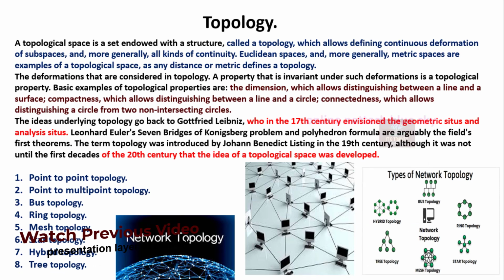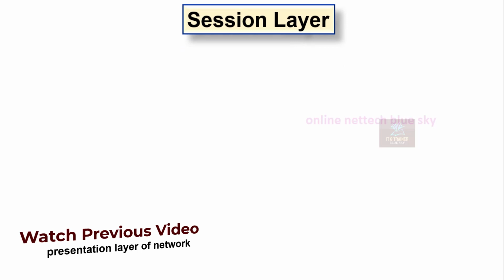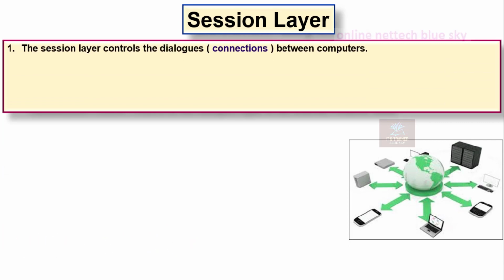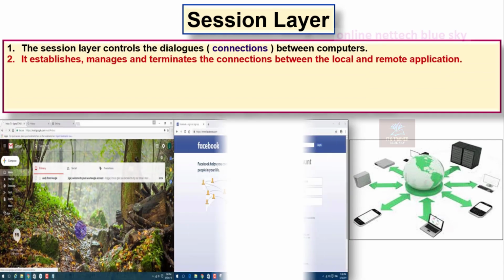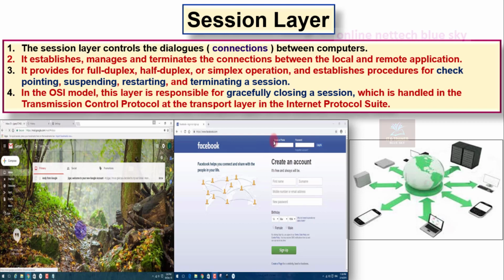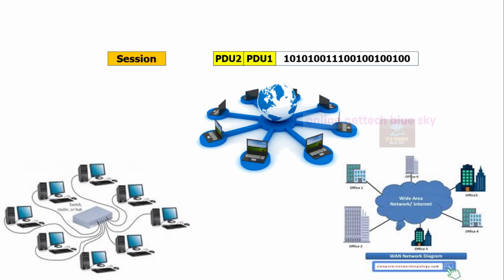I gave information related to topology, and then one by one I gave the session layer in my last previous video, because I'm continuing the OSI layers. You can see what the session layer does and how a session starts. This is very important: how a session works, why it is called the session layer, what the work of a session layer is, and why PDU 3 was created.